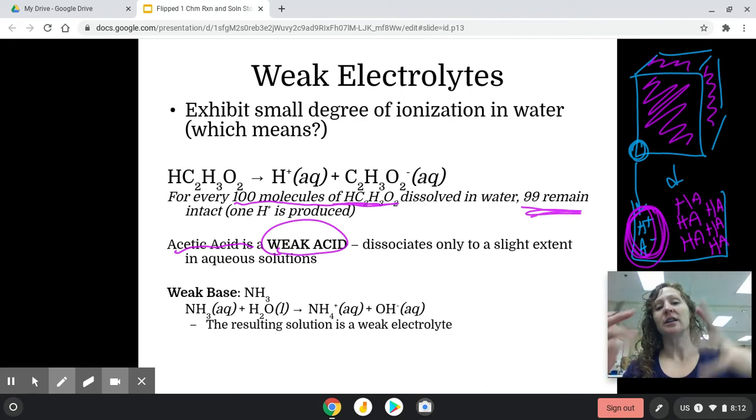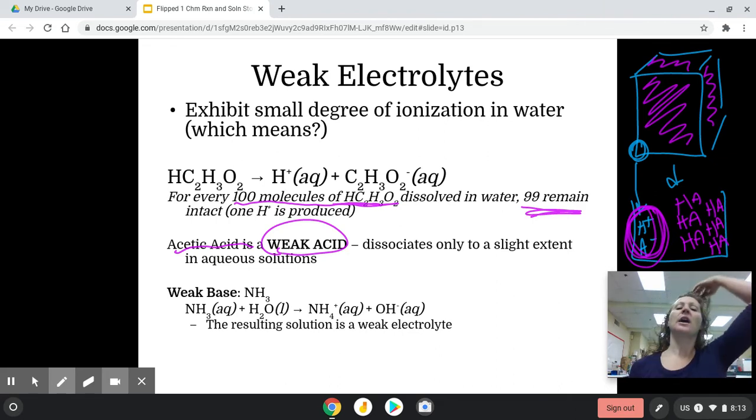Now, when you're looking at those lists of strong acids, anything that's not on that list is going to be a weak acid. So that's why we memorize the strong acids, because there's only really 6 or 7 of them, and that means everything else we encounter we can just automatically assume is a weak acid.